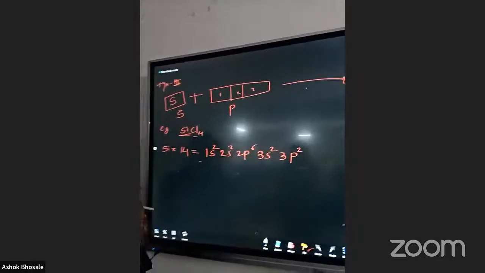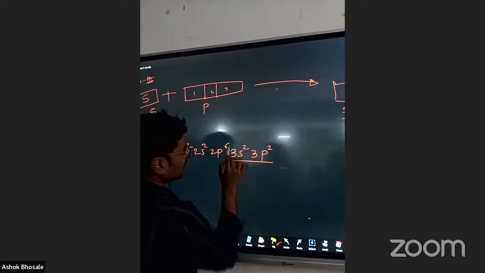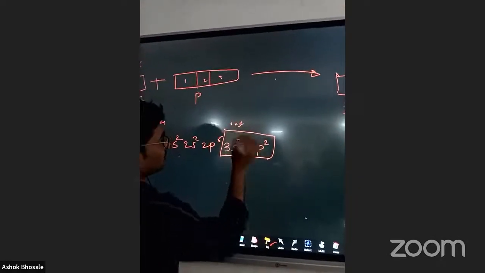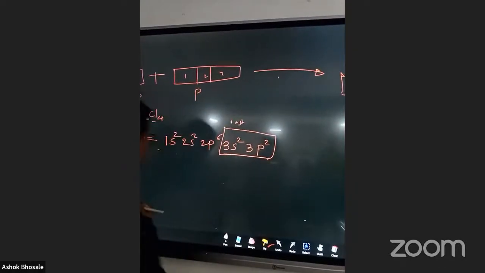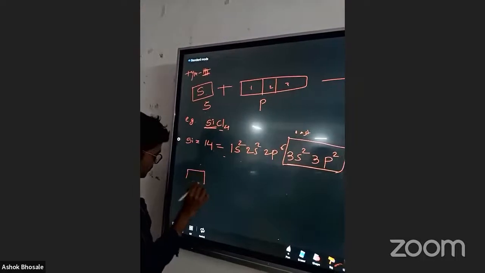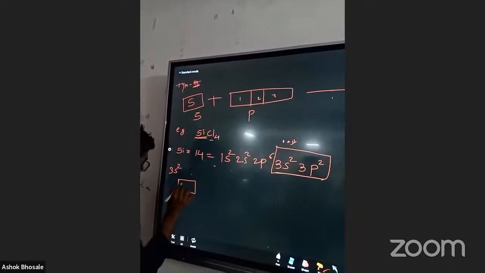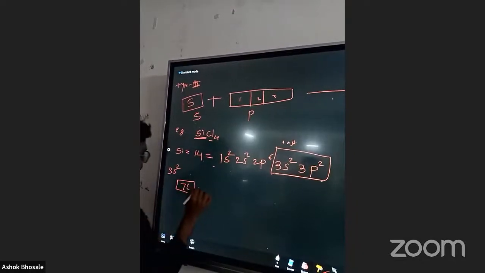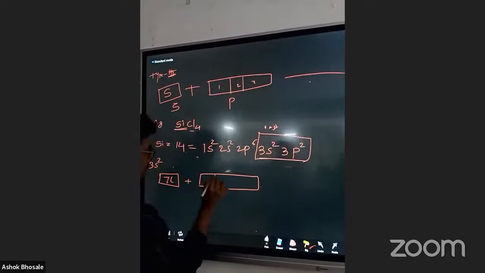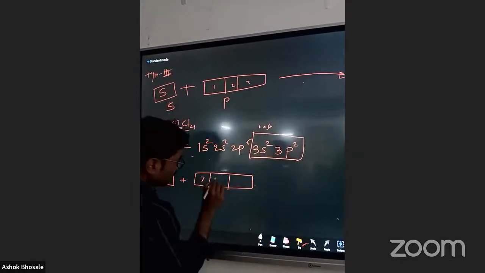Now we consider the last valence electron shell. This is the valence shell. Here the 3s orbital has two paired electrons. Also in the p orbitals, there are only two unpaired electrons.